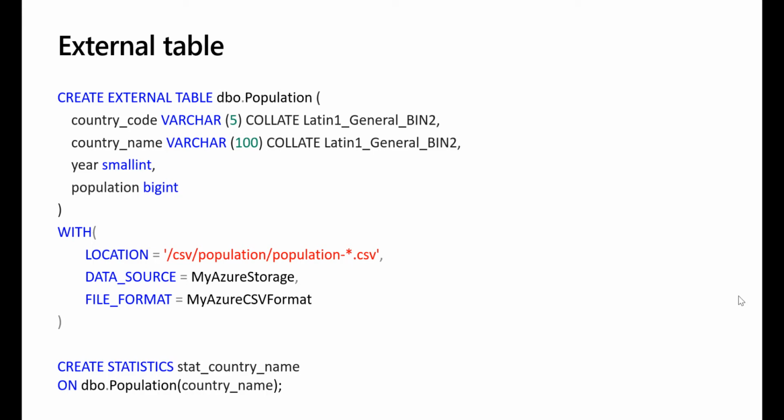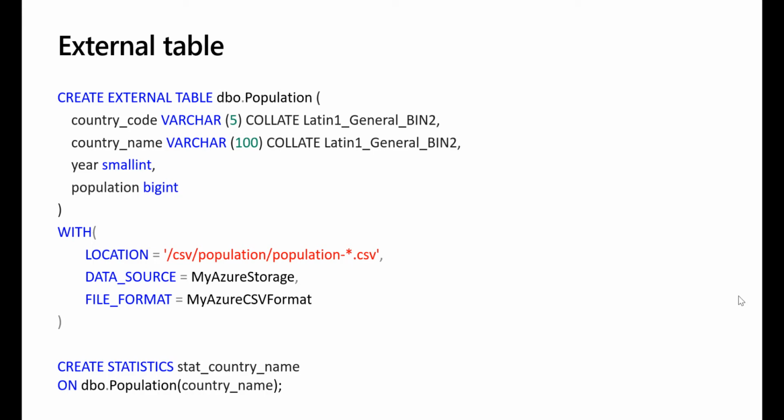External tables are a fundamental feature for building a logical data warehouse, because with external tables you can reference any external data source, like a file or a collection in Cosmos DB, and represent these external concepts as regular tables to your clients.